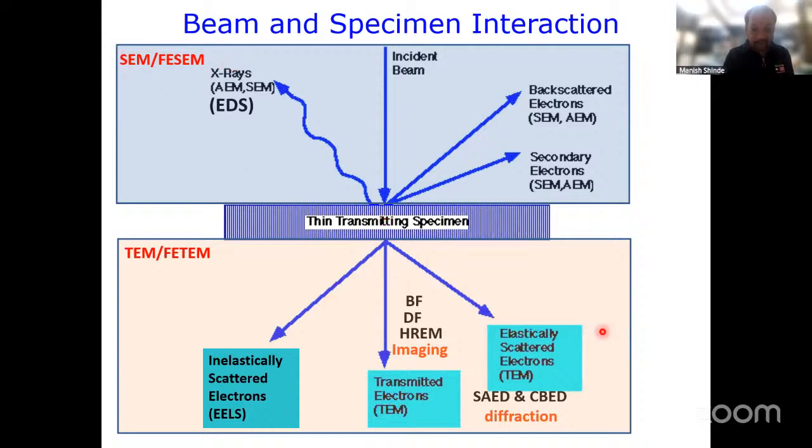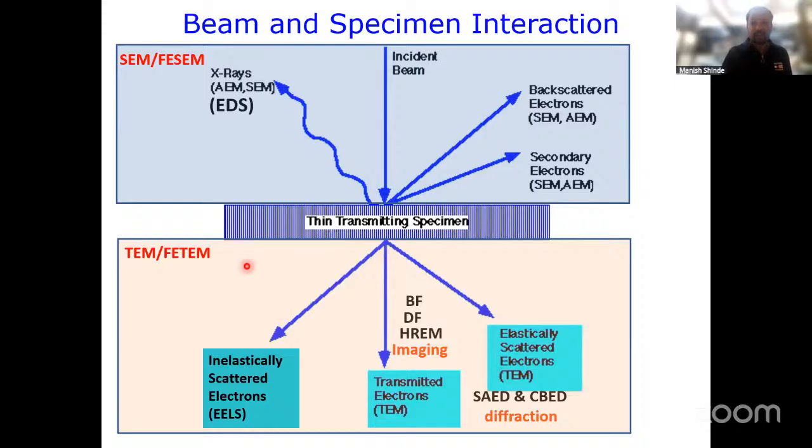When you are capturing the signals when the electron beam is passing through the sample, then that microscopy technique is called TEM or FETEM, transmission electron microscopy or field emission transmission electron microscopy. The signals generated in SEM are secondary electrons, backscattered electrons, and X-rays. The signals generated in TEM are elastically scattered electrons, transmitted electrons, inelastically scattered electrons, and X-rays.